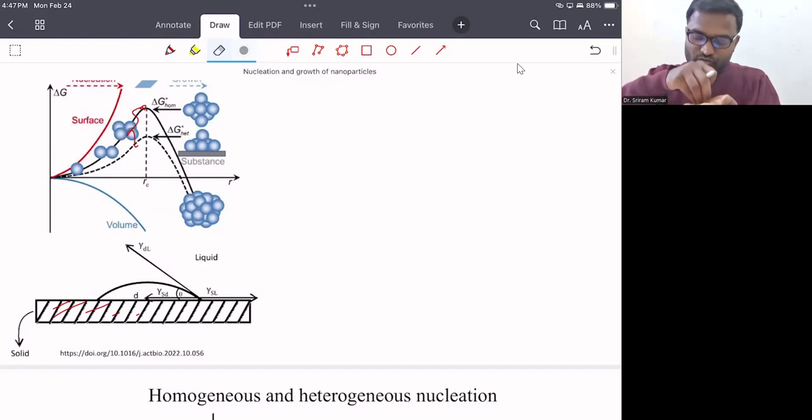Based on that drop, we need to know what the surface tension is there.